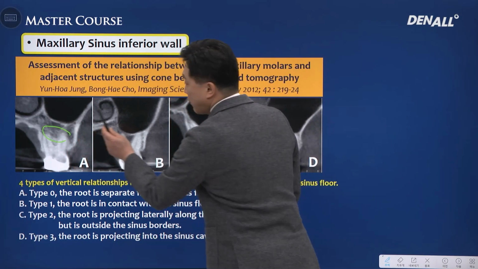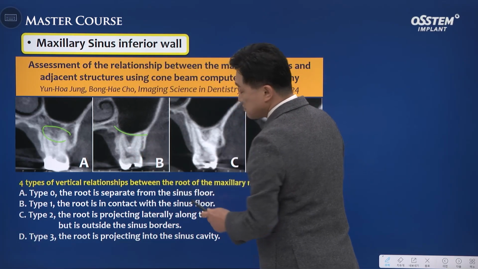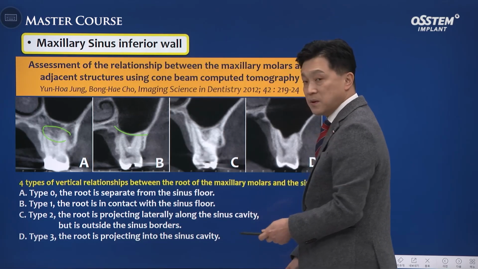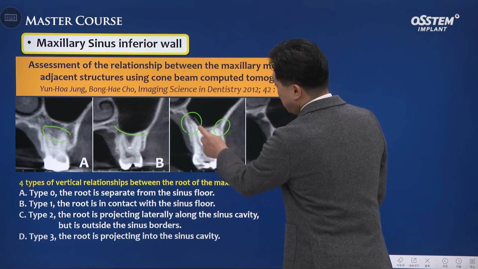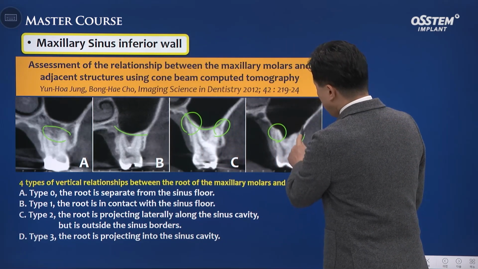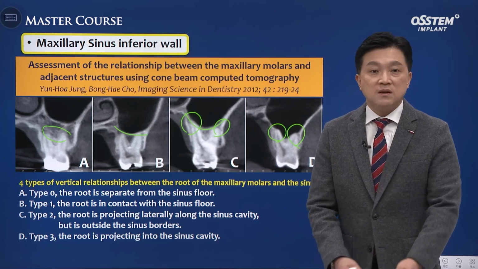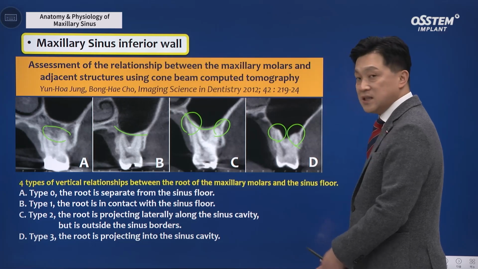First, the root and sinus are separate. Second, the root is in contact with the sinus floor, however, there is no projection. Third, the root is projecting laterally along the sinus cavity but is outside the sinus borders. Fourth, the root is projecting into the sinus cavity. We can largely divide it into these 4 types.